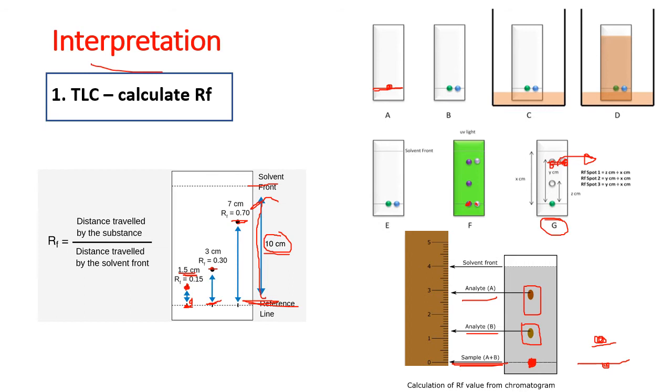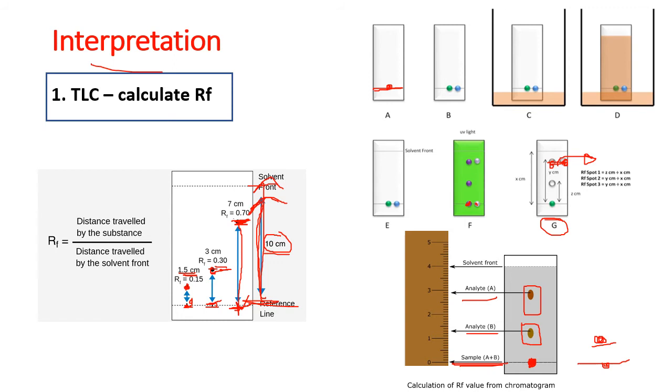The distance traveled by the analyte, between the reference line and the analyte, is 0.3. So I will get 0.3 over the total distance traveled by the solvent, which is 10. And then for the third analyte, I will get the same. The distance traveled by the analyte, here I will measure this distance, is 0.7 over the total distance traveled by the solvent, from the reference line to the solvent front, which is 10.